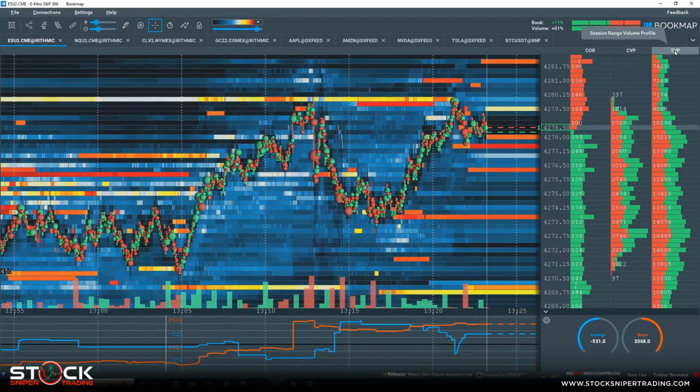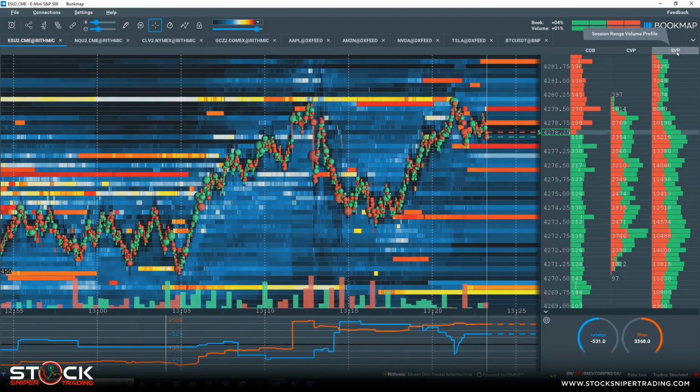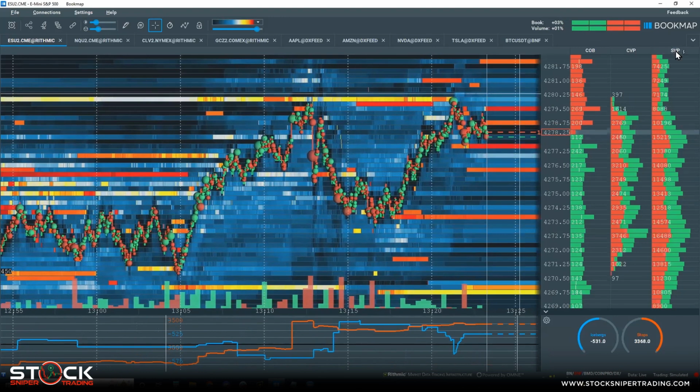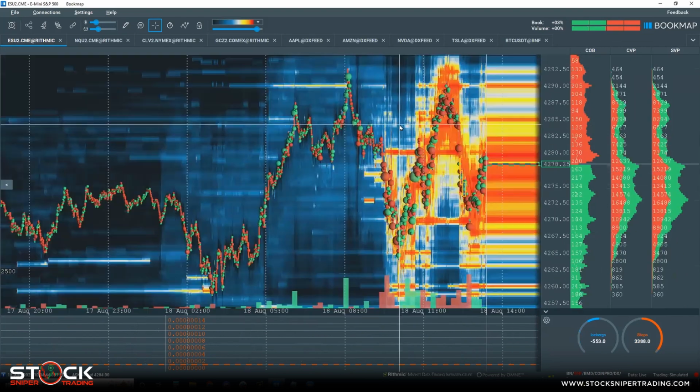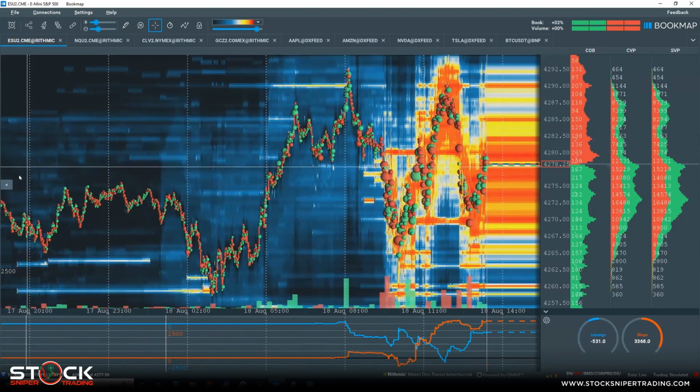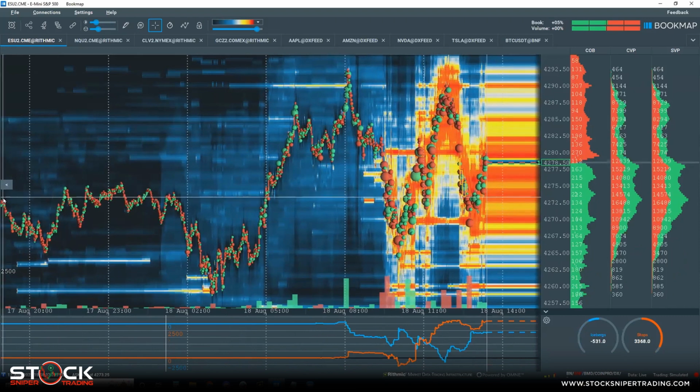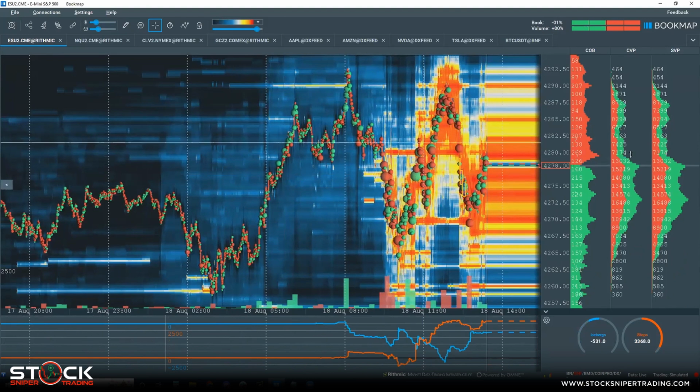This SVP stands for session range volume profile, and that's simply showing you, if I zoom all the way out and I show my entire session here, this is the volume since when I opened up my Bookmap, and that's it. So in this case, the chart range is equal to the session range, so you can see the profiles are identical. There's filtering in here. There's all sorts of features in here. I just want to go over the basics.